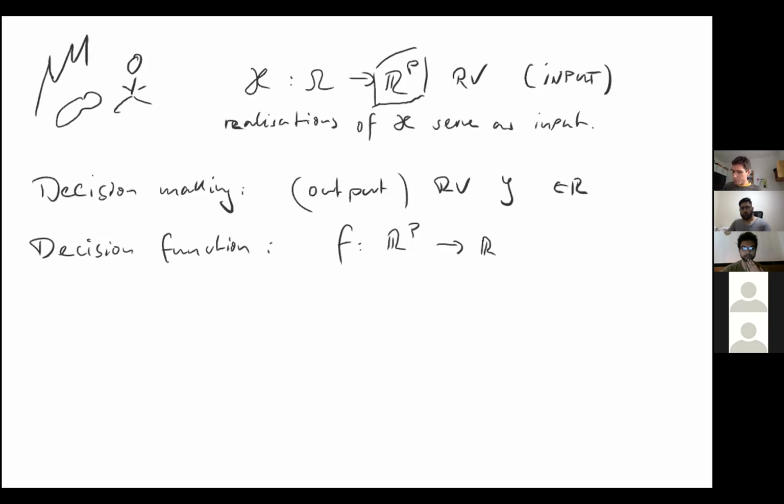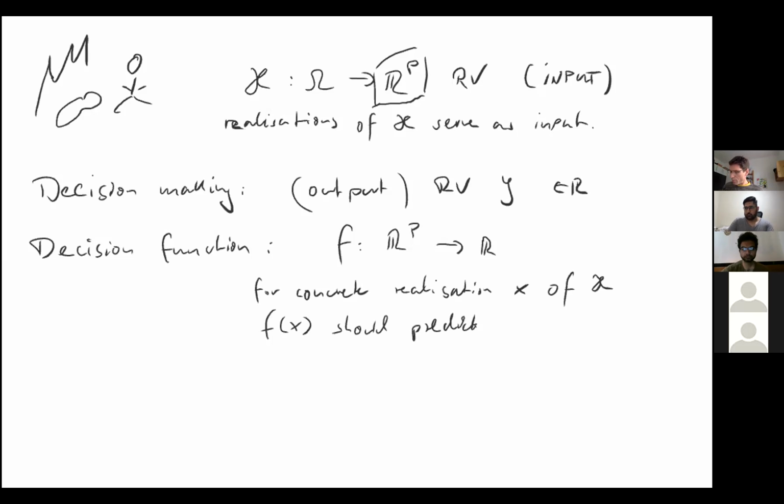The decision function was exactly this function f that took a p-dimensional vector and assigns it to a real value. What it should do is that for a concrete realization x of X, f of x should predict the most plausible realization y of our output Y, or the best corresponding realization. So f from R^p to R. And we had to formalize what this most plausible means, and how can we measure that.